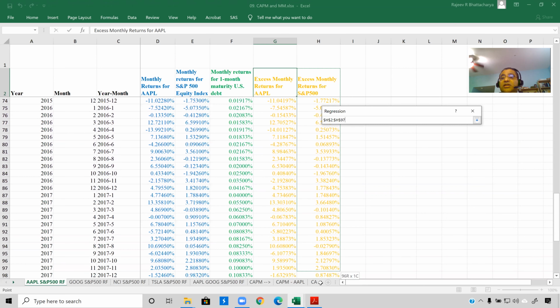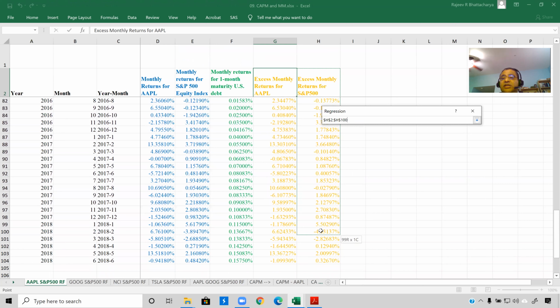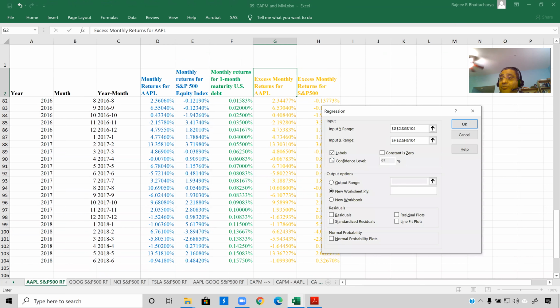And we select all of these. Include the labels to make sure you're telling Excel that this particular cell is not actual numerical data, it's the name of that particular field. All right, so that's what we are going to do.